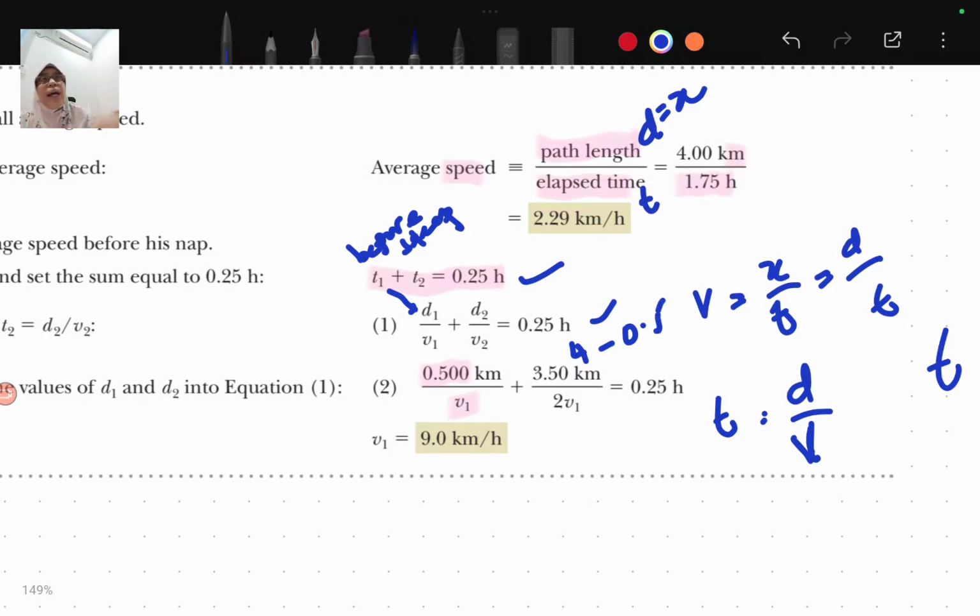But the speed now is twice as fast as the first one, so we use 2 times the same symbol v1. Everything equals 0.25. Finally, we finish with the unknown: v1 is equivalent to how much? On the first part, he ran at a speed of 9 km per hour. After he woke up, he ran twice that, 9 times 2, 18 km per hour. So 9 and then 18. Okay, try it out.